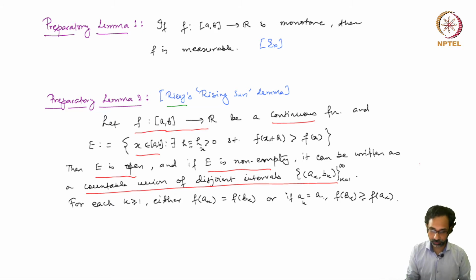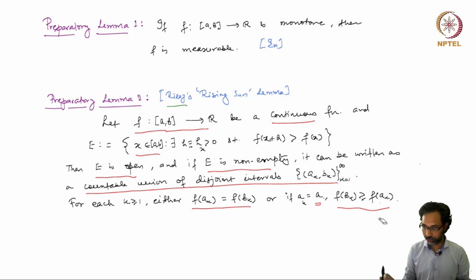And the last part, which is the most crucial, is that for each k, either we have f(a_k) equals f(b_k), or, if one of the endpoints is actually equal to a, then f(b_k) is greater than or equal to f(a_k).